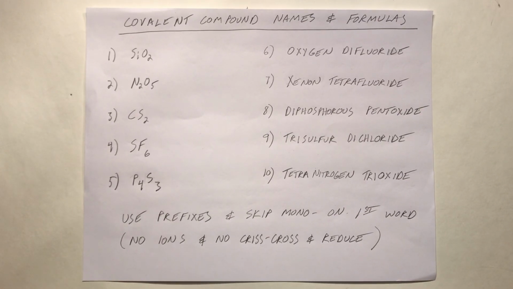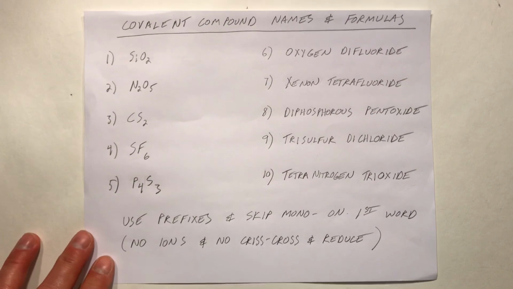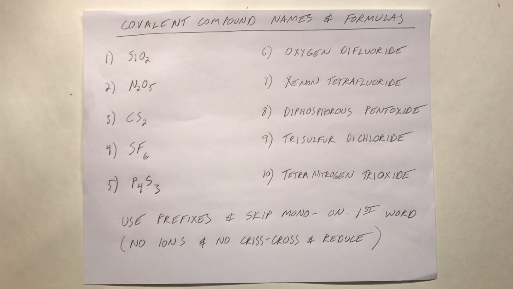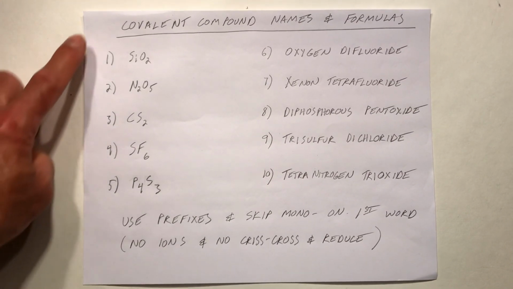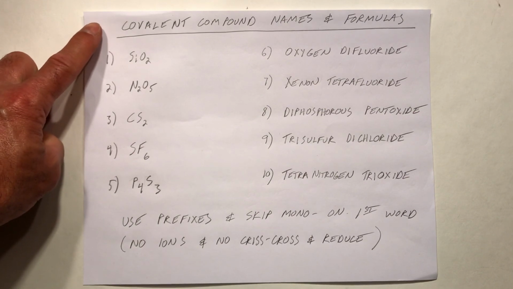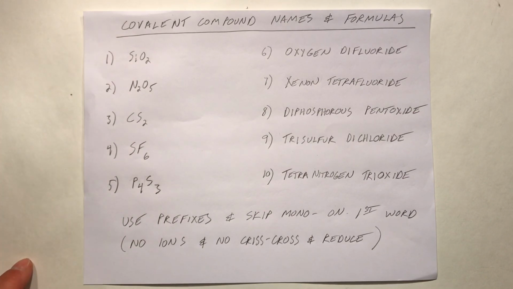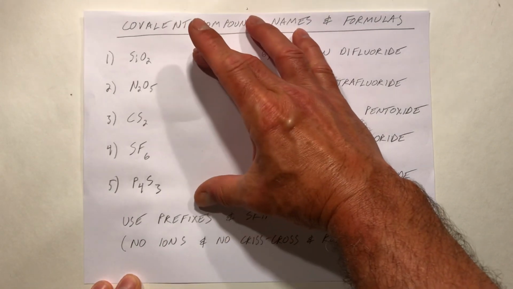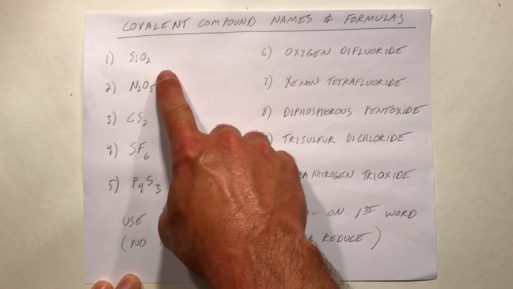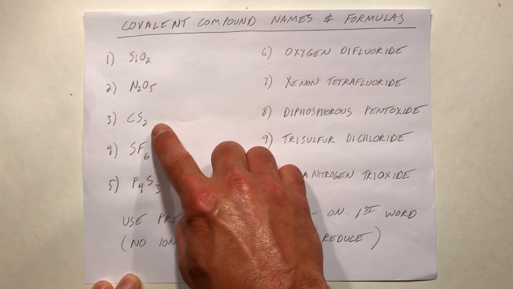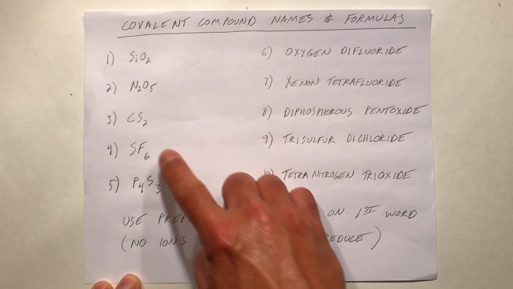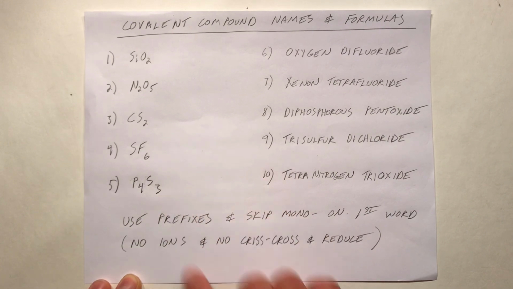So if you understand everything that we did in this video so far, you should be able to give the covalent compound names and formulas depending on what's missing for these 10. For the first 5, I'm going to give you the formula. You give me the name for SiO2, N2O5, CS2, SF6, and P4S3.